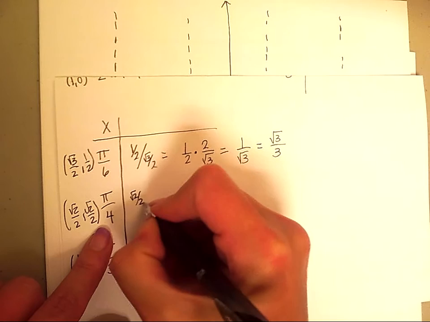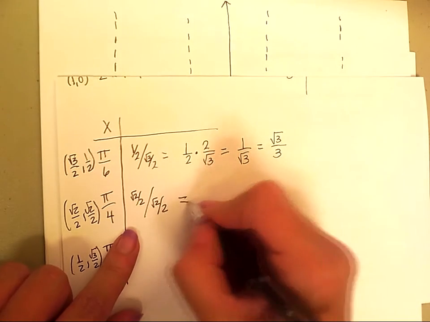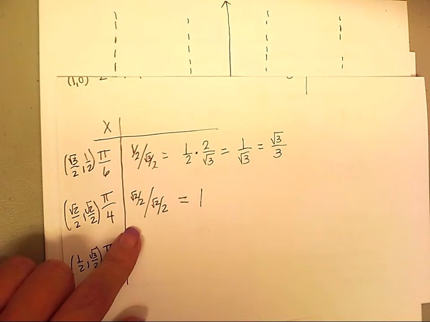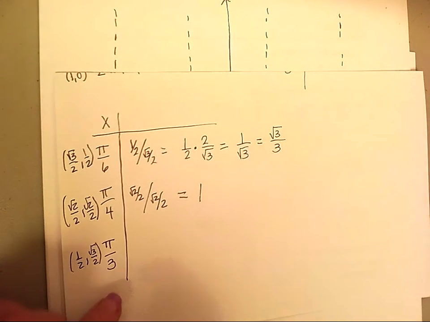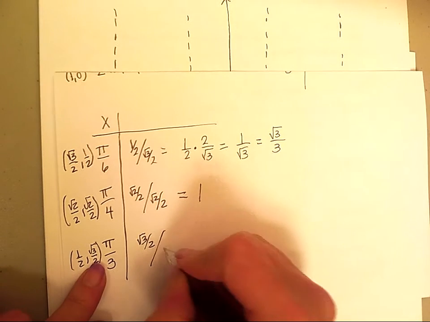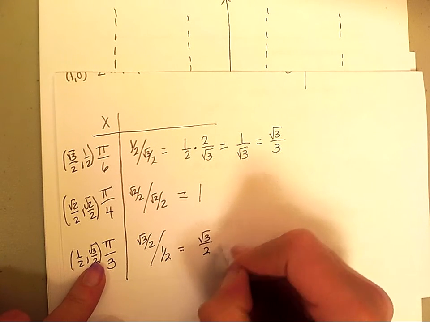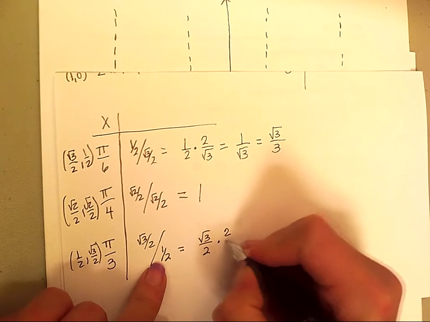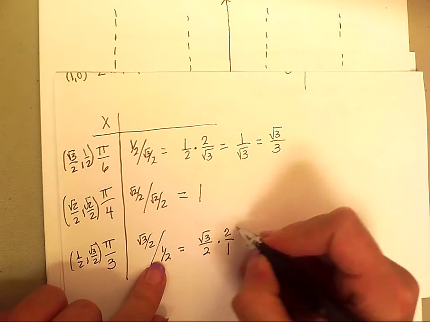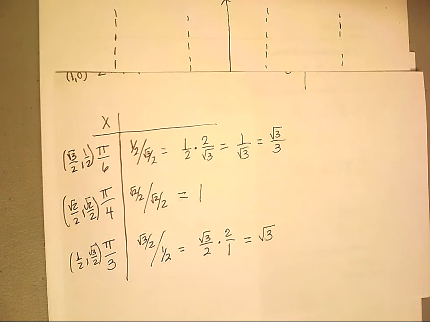Now, here we have square root of 2 over 2 divided by square root of 2 over 2. Well, anything over itself is just 1. Here we'll have square root of 3 over 2 divided by 1/2, which is square root of 3 divided by 2. Now dividing fractions means you invert and multiply. Those 2's will cancel, and we'll just be left with square root of 3.